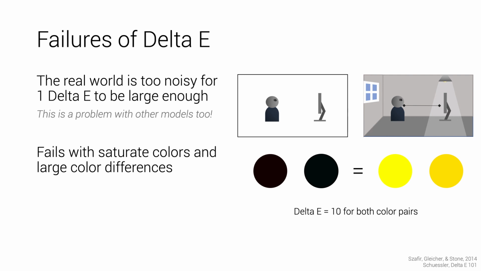One of the more nuanced issues with delta E, however, is that it tends to fail with saturated colors and with very large color differences. I'll talk about large color differences in just a bit, but when I'm talking about differences in saturated colors, if you look at the two circles on the left, those circles represent a dark red and a dark blue that are both highly saturated.